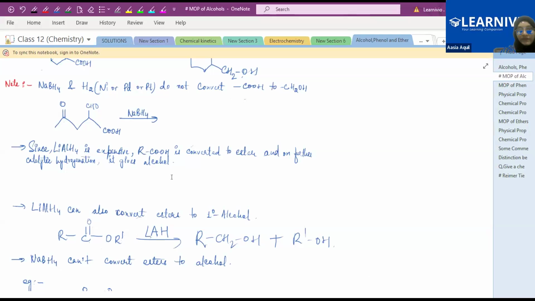Now suppose we have this structure. We have this compound and we are just using sodium borohydride as a reducing agent. Now, what will be the product? Suppose this is your first carbon, this is the second carbon, and this is the third carbon. Now, tell me which carbon will get reduced to which group?